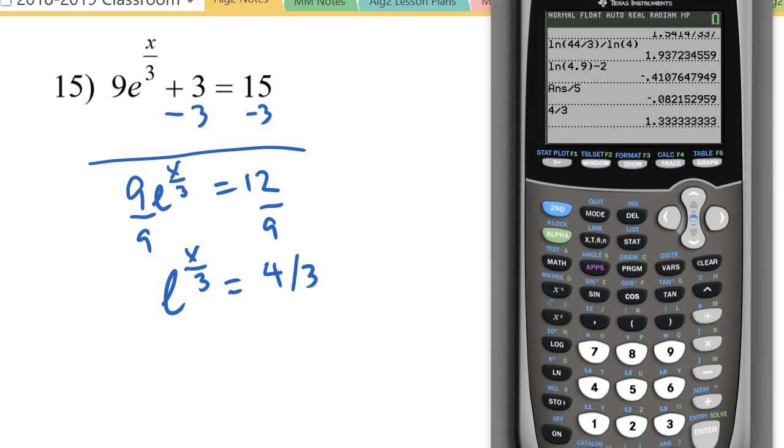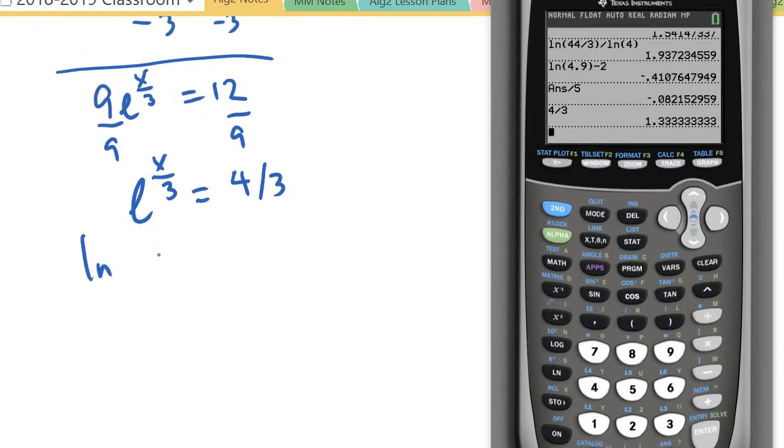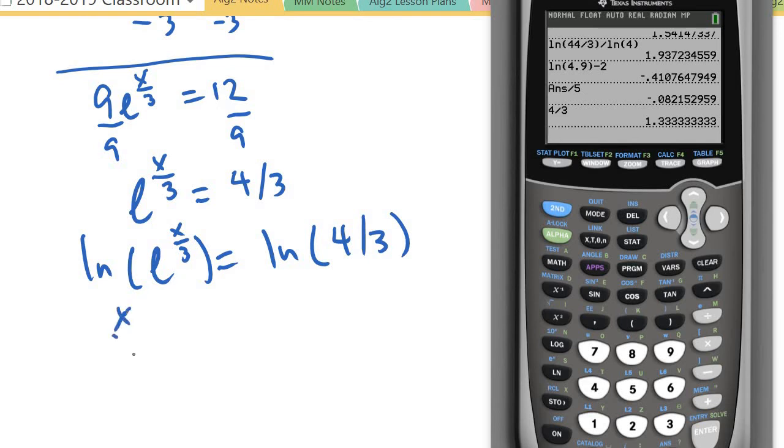Now I'm ready to do the ln. I'll do ln of e to the power of x over 3 equals ln of 4 divided by 3. And now I can take the x divided by 3 to the outside and then do ln of e, ln 4 divided by 3.